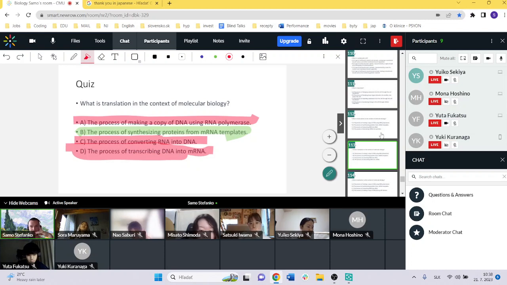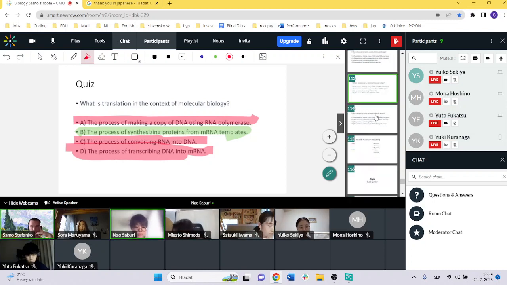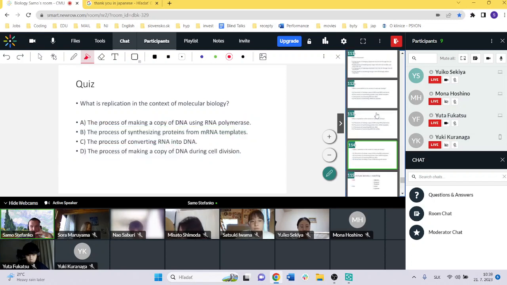Where does the translation take place in the cell? Cytoplasm. Okay, cytoplasm on ribosomes. Transcription? Inside of the nucleus. Very well. Thank you very much. Okay.